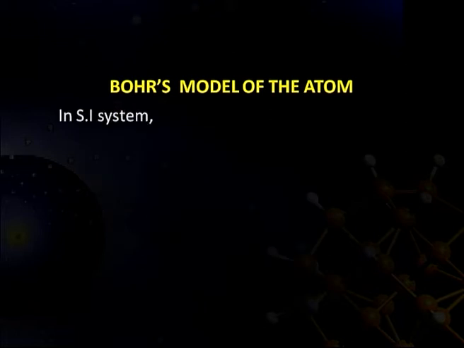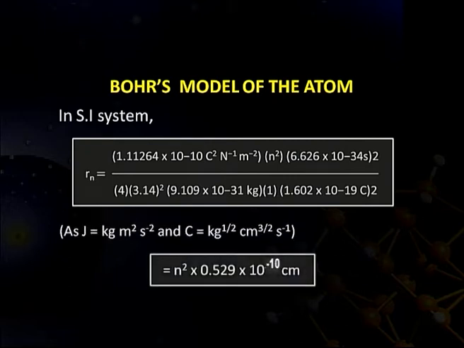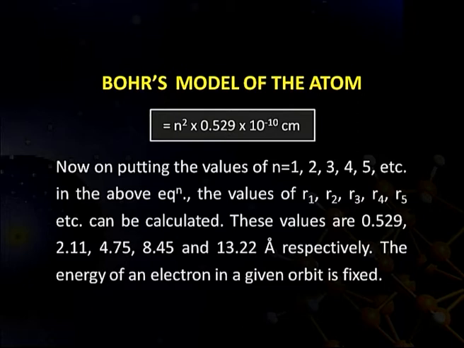In the SI system, the rn value can be calculated by these values, and we get rn = n² × 0.529 × 10⁻¹⁰. Now, on putting the values of n = 1, 2, 3, 4, 5 and so on, the values of r1, r2, r3, r4, r5 can be calculated. These values are 0.529, 2.11, 4.75, 8.45 and 13.22 angstrom respectively.